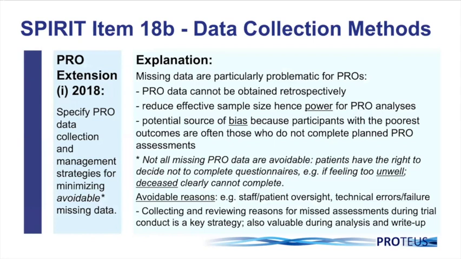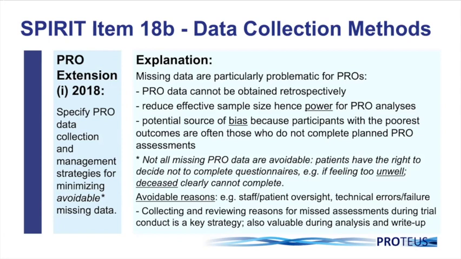The PRO-specific extension reads as follows. Specify PRO data collection and management strategies for minimizing avoidable missing data. Now, missing data are particularly problematic for PROs for a few reasons. First, PRO data cannot be obtained retrospectively after the time frame of interest or from medical records.